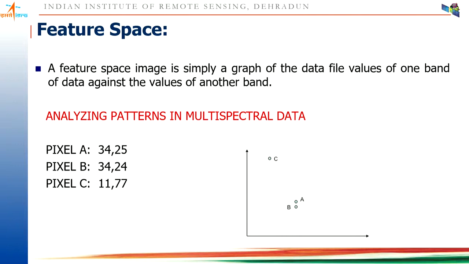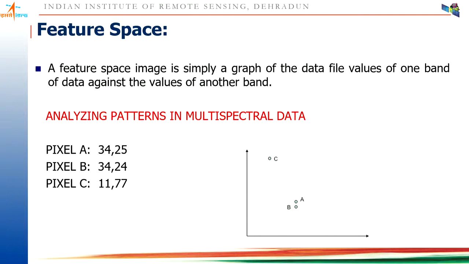Suppose we have pixel A, pixel B and pixel C as mentioned in the slide. This data has two bands, band 1 and band 2, let us say. Pixel A has pixel values of 34 and 25 in band 1 and 2. Similarly, pixel B has values of 34 and 24. Pixel C has values of 11 and 77.